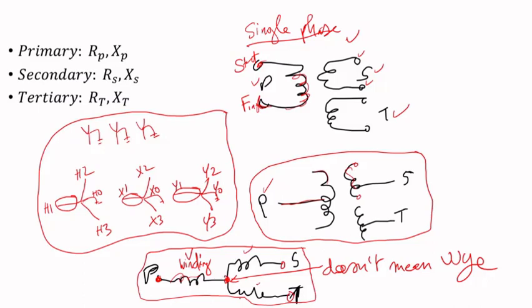For modeling purposes, this does not mean it's a neutral. This point here does not have any physical meaning. It's not like the neutral when you have three phase. It's not the same. This is just for modeling purposes. This is one way you can model a three-phase winding transformer.